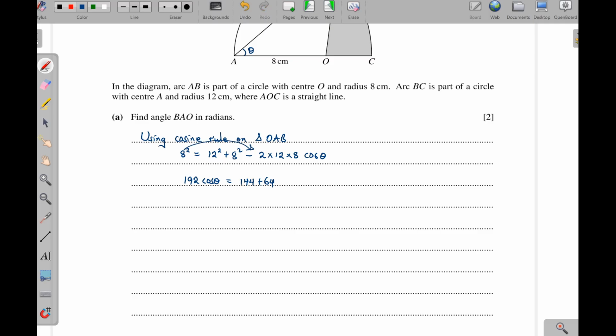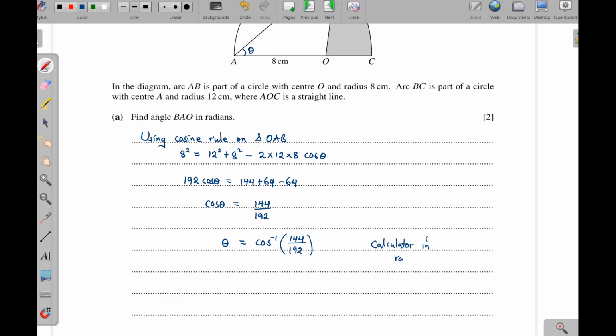Then bring this one this side, minus the 64. Of course 64 and 64 will disappear. So cosine of theta will be 144 over 192. So our theta will then be the arc cos of 144 over 192.